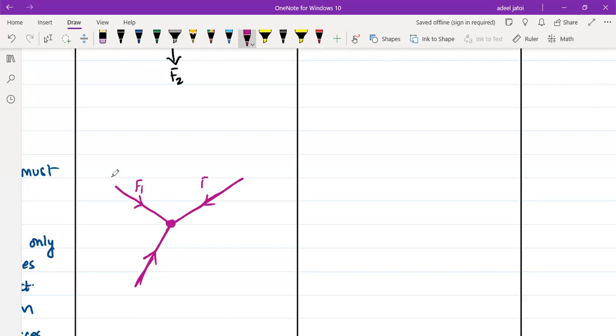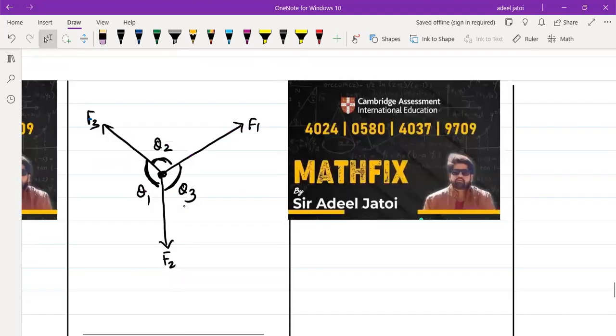This is force 1, force 2, force 3, so this should be theta 3, theta 1, and theta 2. That means at this point all the forces are going inwards. In the above example, all the forces were outwards.